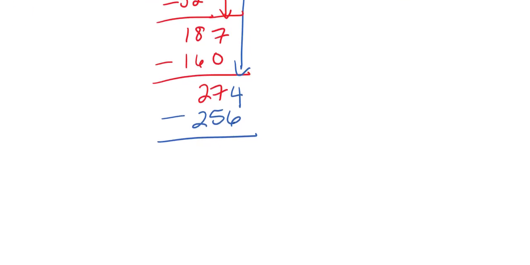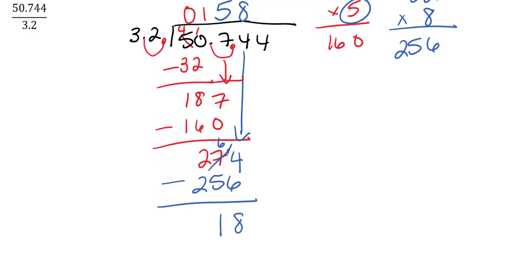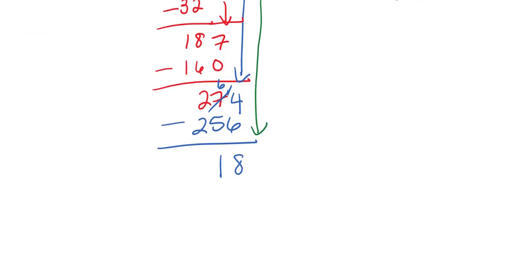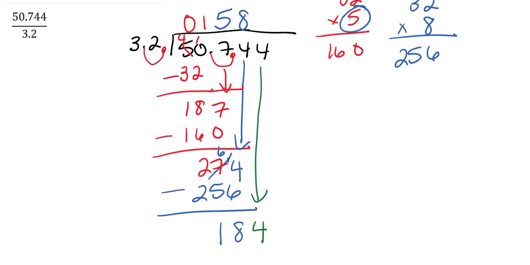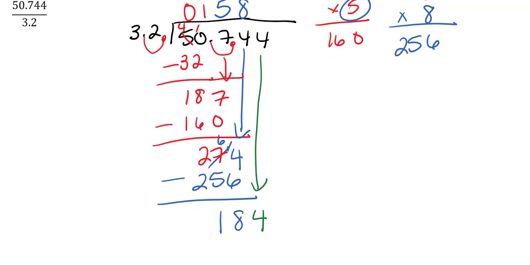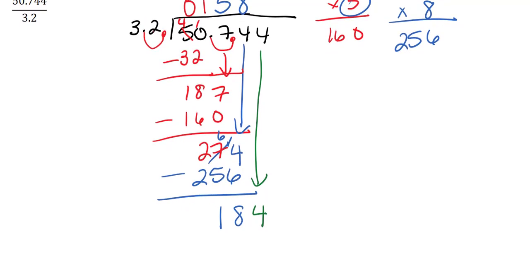So we have 4 minus 6 can't be done. We need to borrow. So we have 18 and a 1. Then we bring down this 4.